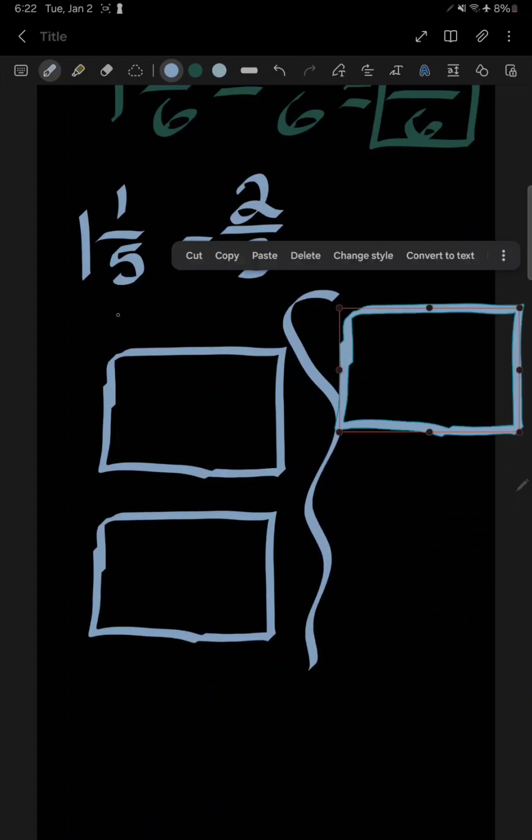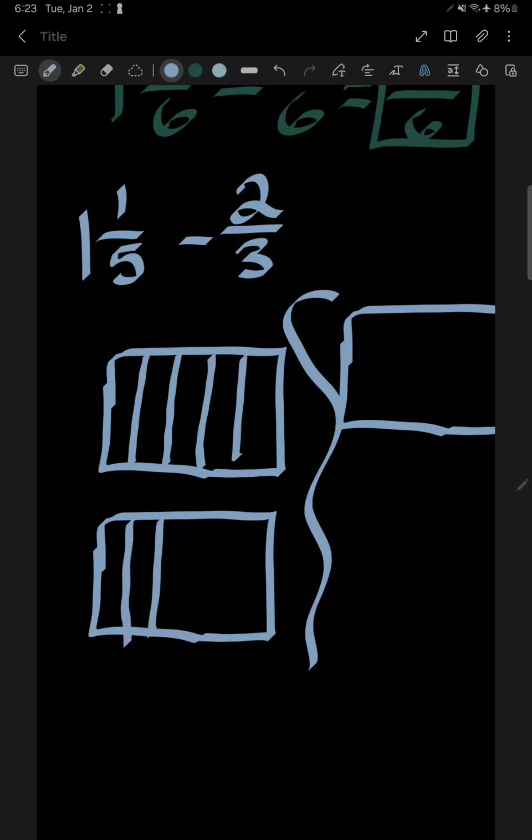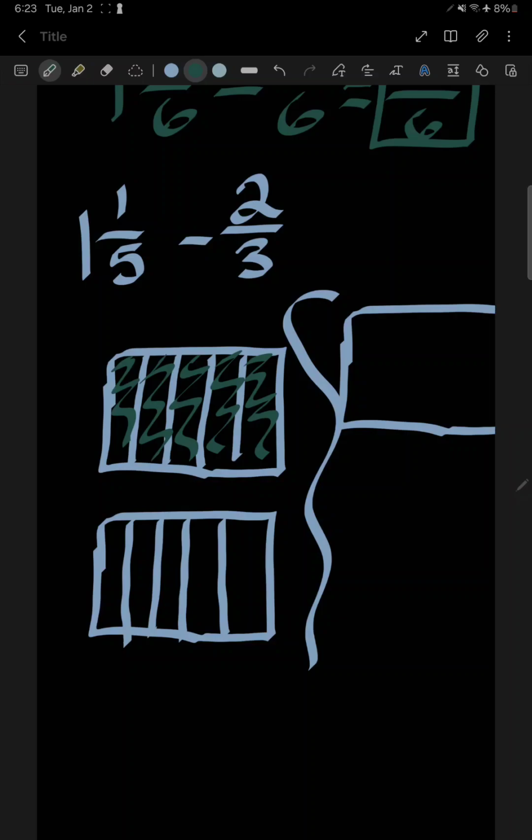Okay, so I'm going to go ahead and do my fifths. So I'm going to do 1, 2, 3, 4, 5, and then 1, 2, 3, 4, 5. There's my fifths. And I need one whole box shaded in. So shade in this whole box. And I need 1/5 shaded in.